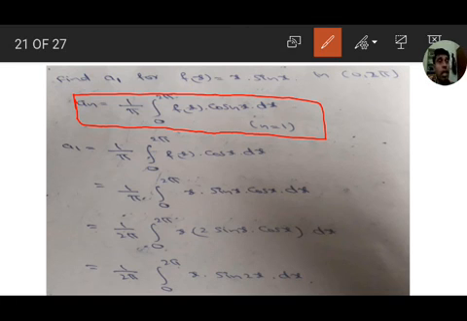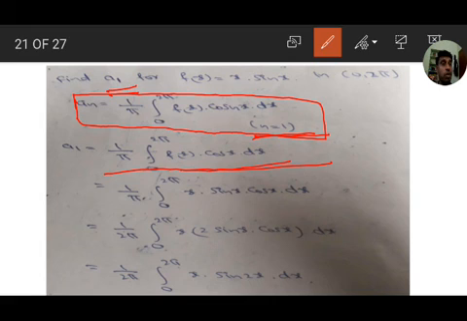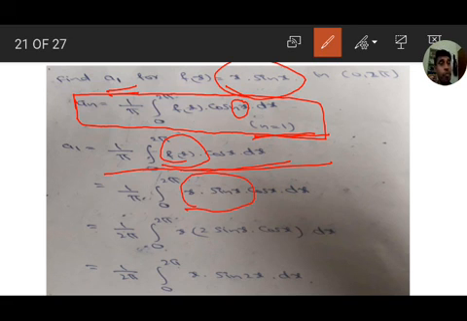Here a1 means n equal to 1, so substitute n equal to 1: 1 by pi integration 0 to 2 pi f of x into cos x dx. Substitute the x value, x into sin x, so 1 by pi integration 0 to 2 pi x into sin x cos x dx.